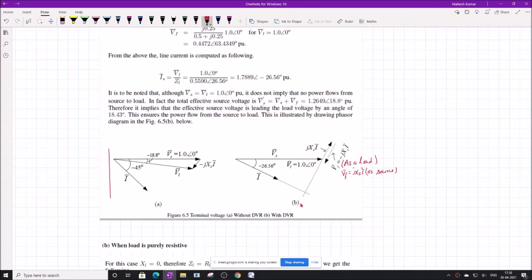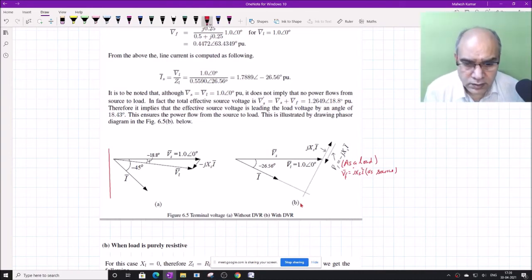Okay, so in this diagram, we see this is the BL, this is BS.